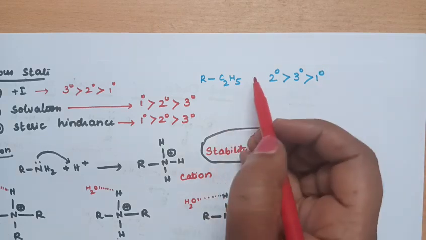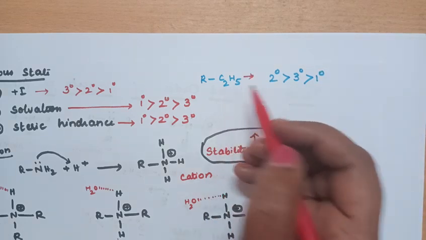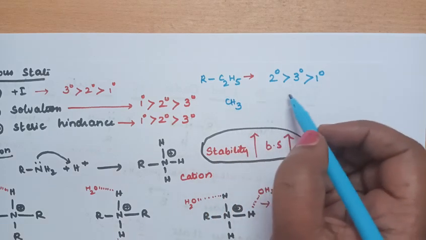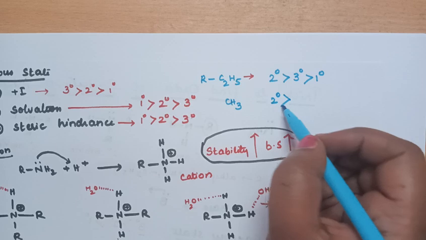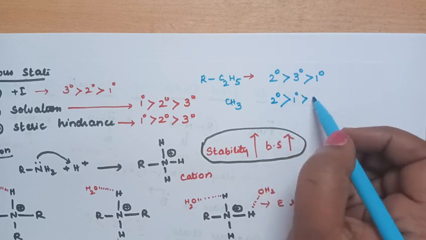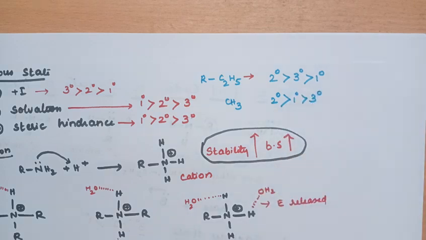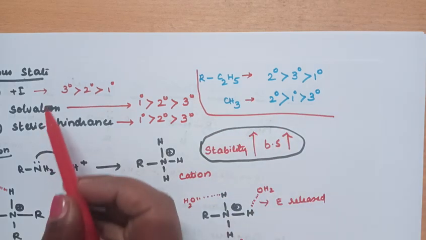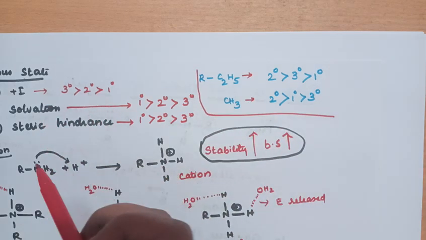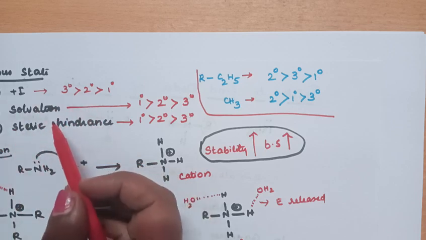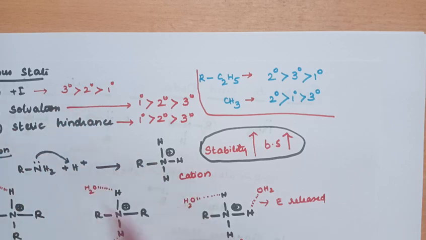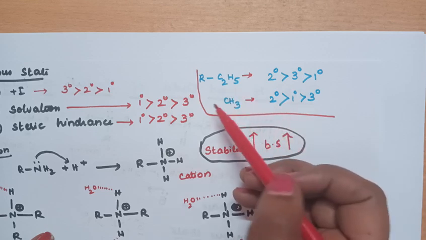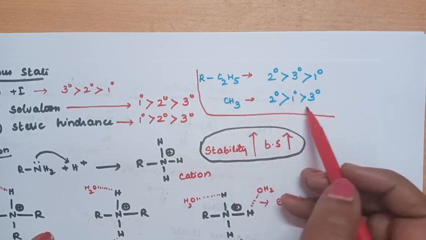If the R group is CH3, then the order will change. It will be secondary amine more basic than primary, more basic than tertiary. This is what we have to remember. Three factors are happening; we should not consider only one factor. All these three factors are acting on these amines. So experimentally, this is the order we see if the R group is ethyl, and if the R group is methyl, this is the order we see.